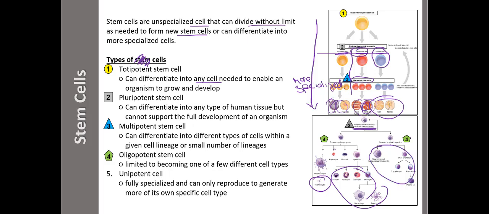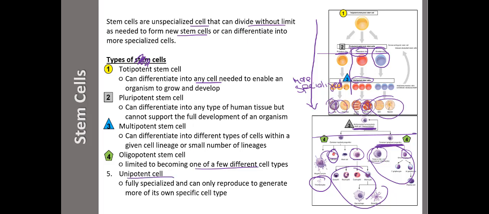Can also divide to form red blood cells. But you can see here all of these cells below the level of the multipotent stem cell lines are all cells to do with blood, right? And these are called oligopotent stem cells. So an oligopotent stem cell is limited to become one of a few different types. So you can see here the lymphoid progenitor can form natural killer cells or small lymphocytes, but cannot form the cells on the left-hand side of that particular diagram.